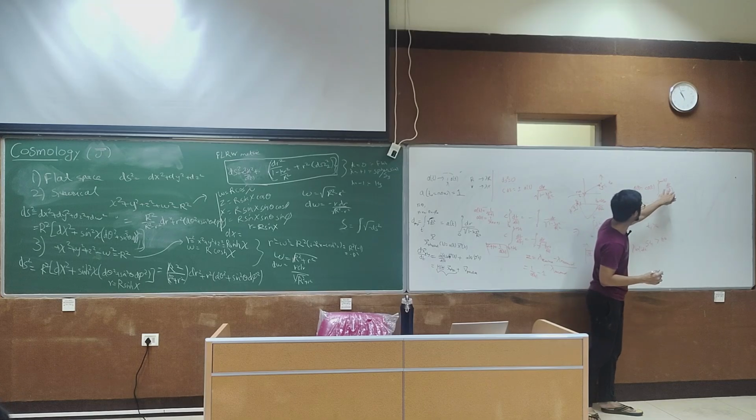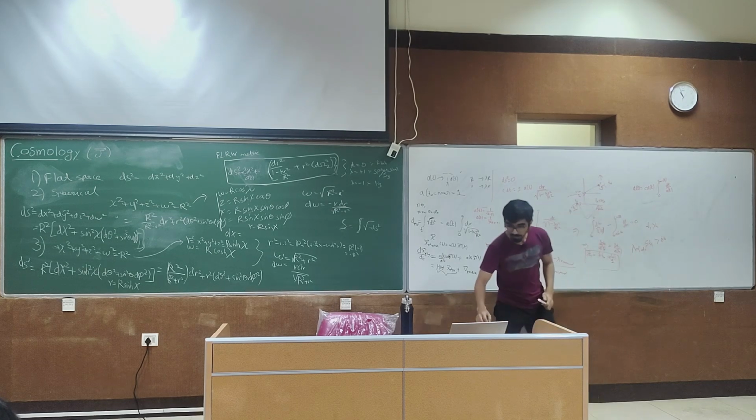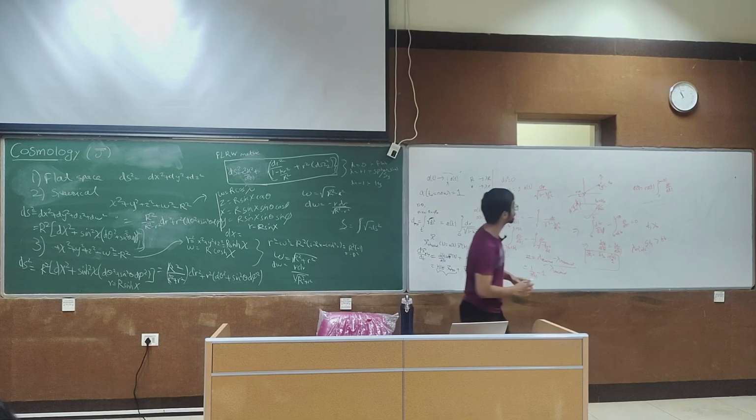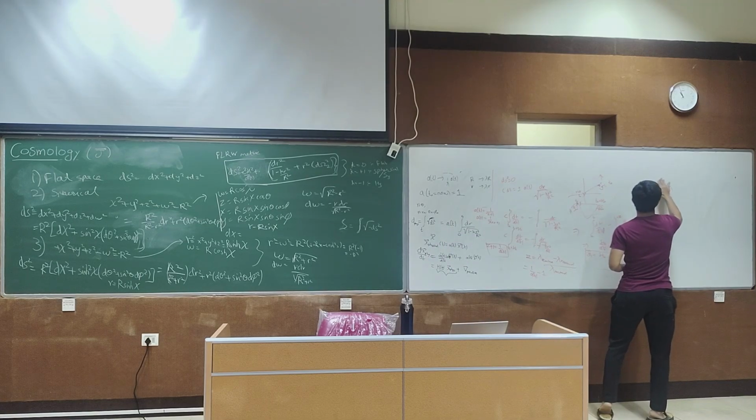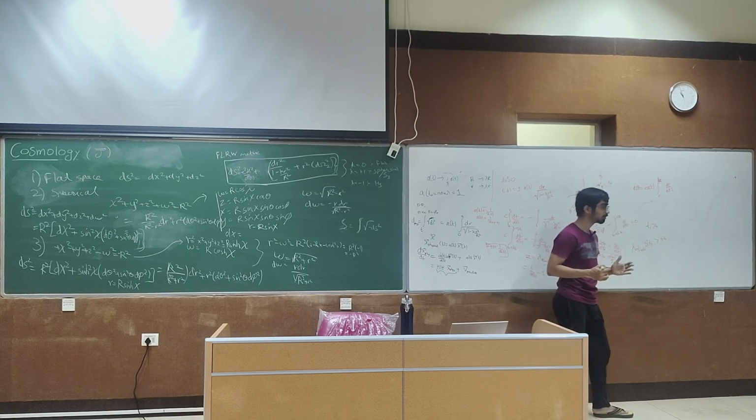T R max is a function of t. So t is what we know, and the form of a of t is what we know. And if you do this integral, the point is we want to calculate what distance the light has traveled from 0 till now.